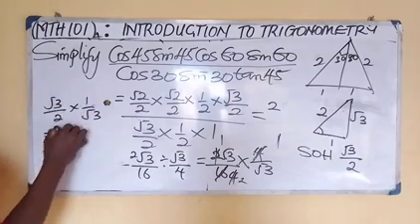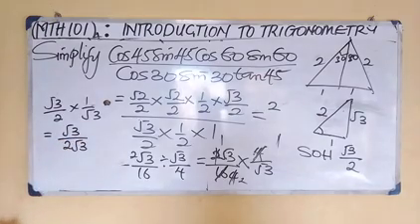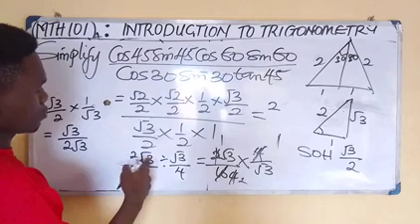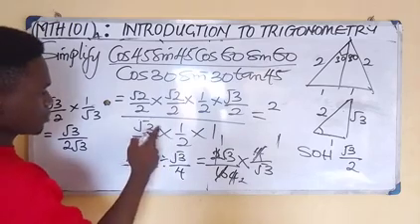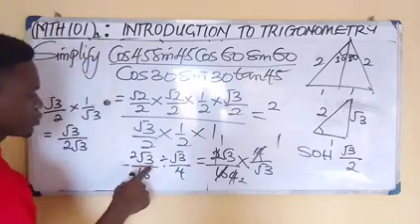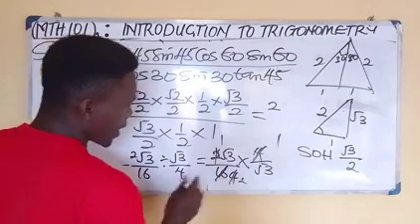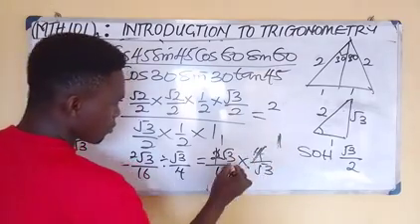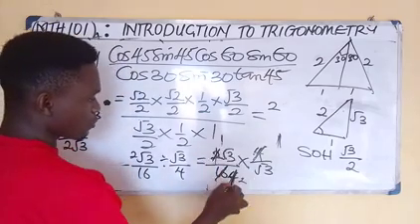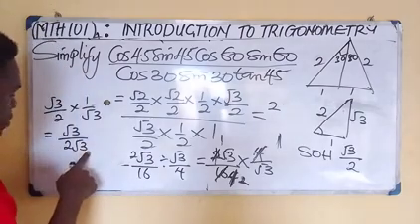Let me cancel that very well. This is 2 root 3 over 16 times 4 over root 3. Then 4 into 4, 1. 4 into 16 is what? 4. Good. So 2 here, 1. 2 into 4, I have 2. Yes, this is what I have.